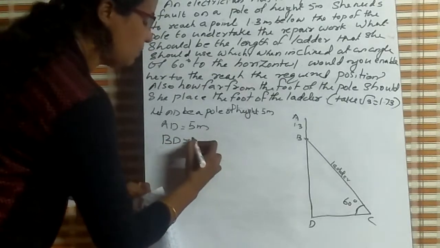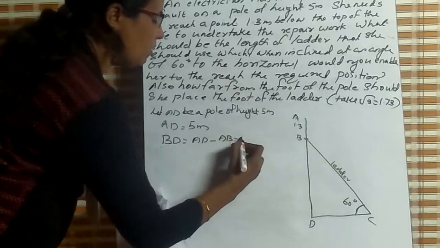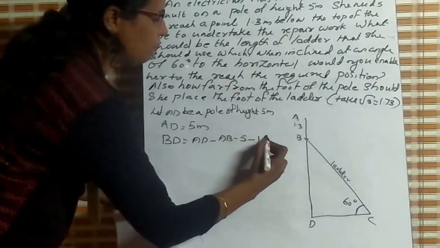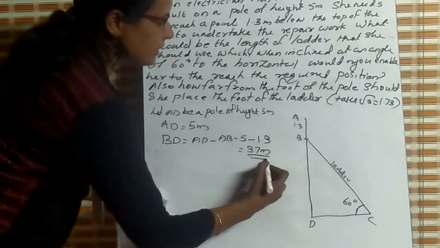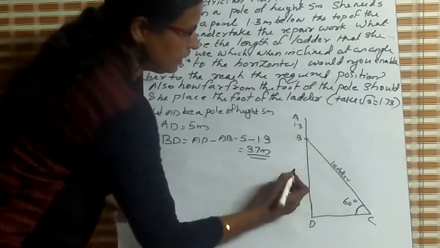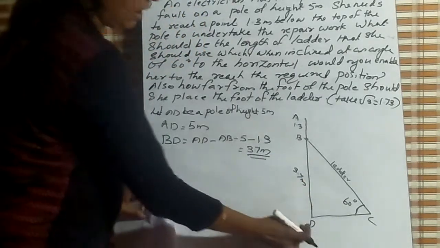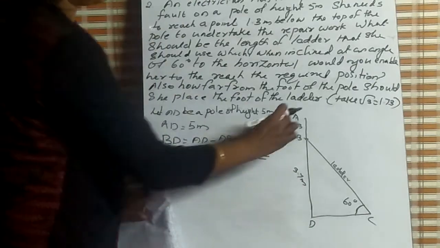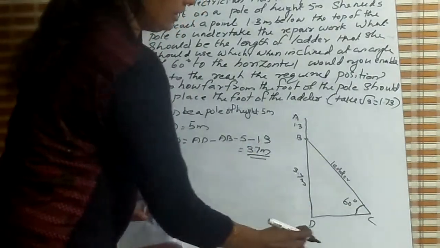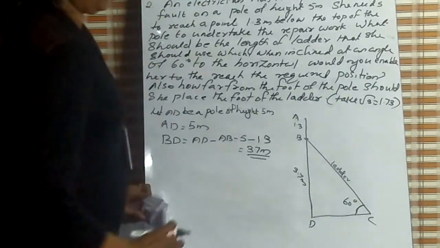BD is equal to AD minus AB, equals 5 minus 1.3, equals 3.7 meter. We have to find DC and BC. BC is the length of ladder and DC is the distance from the ladder to the pole.